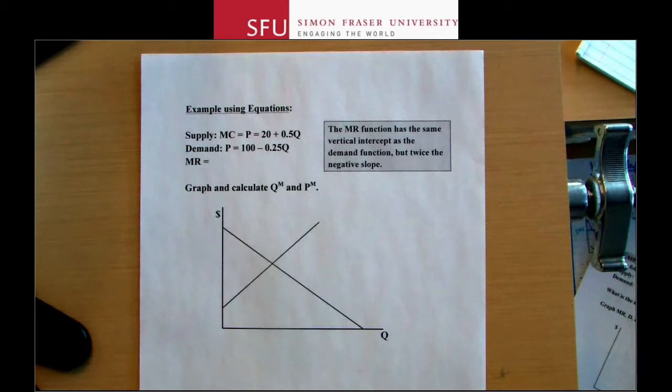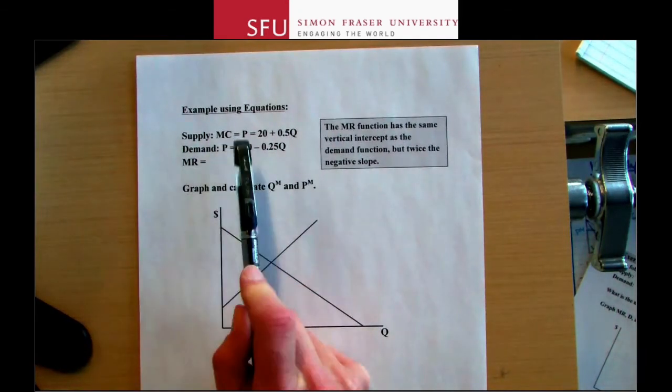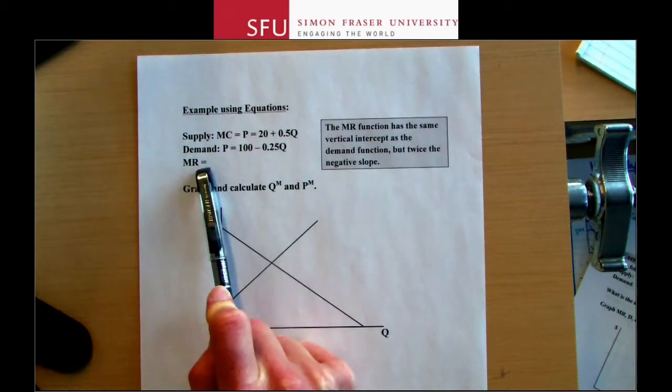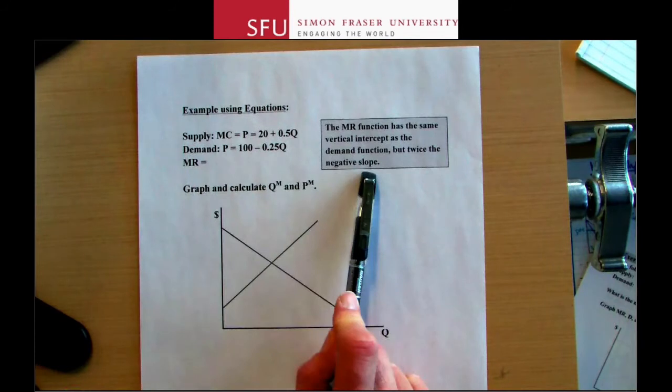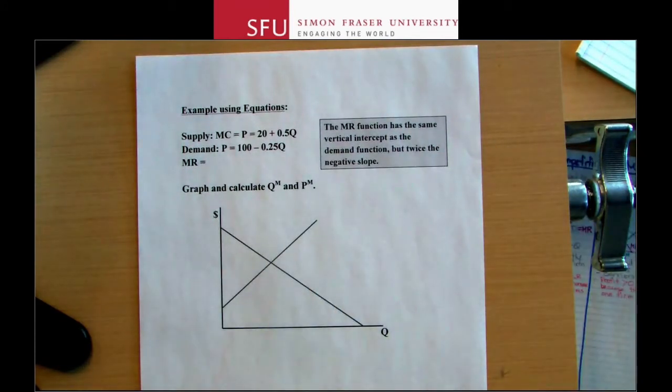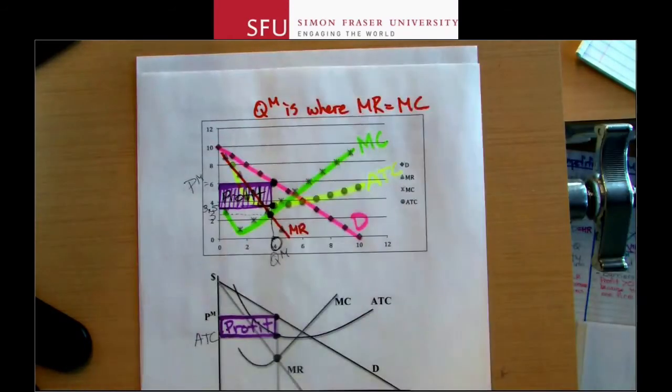Okay. Now, you are given the marginal cost curve, the demand curve, and we need to figure out the marginal revenue curve, and we have some instructions over here. But before we look at the instructions, let's just look at, say, this page 8, which we did last class.